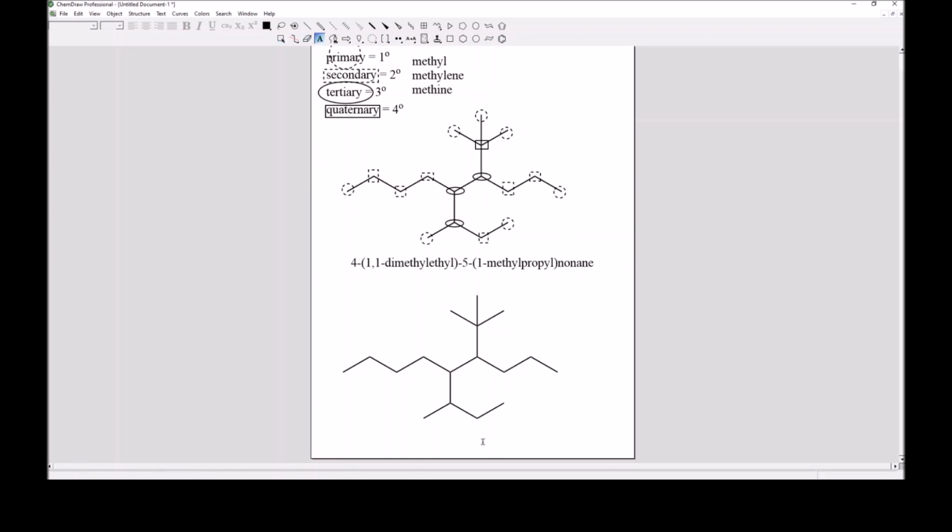So it's still a nonane. And coming off of the nonane at the 4 position, I have a tert butyl group, or a T-butyl group. And then coming off of the nonane at the 5 position, I have a sec or S-butyl group.